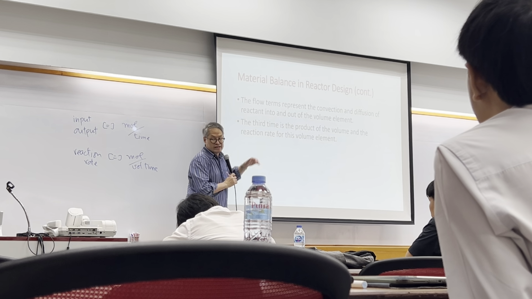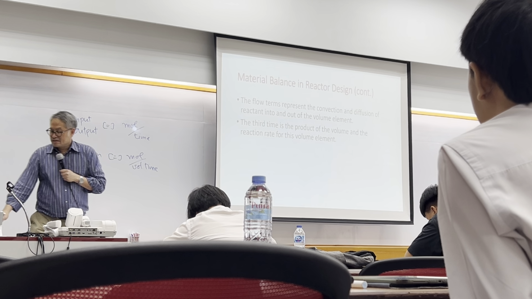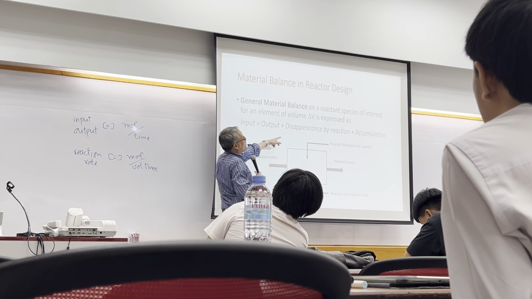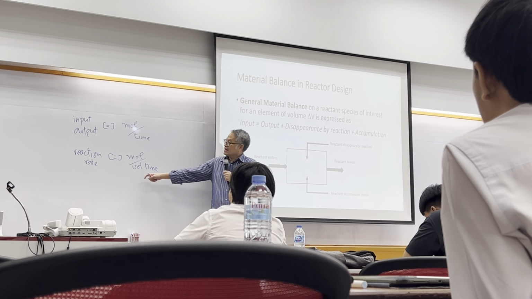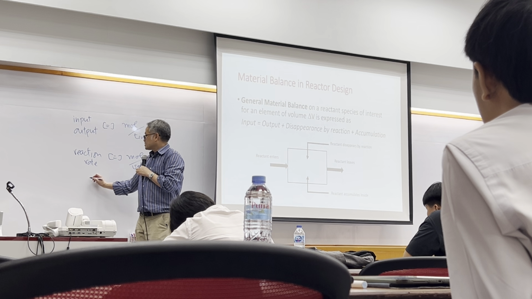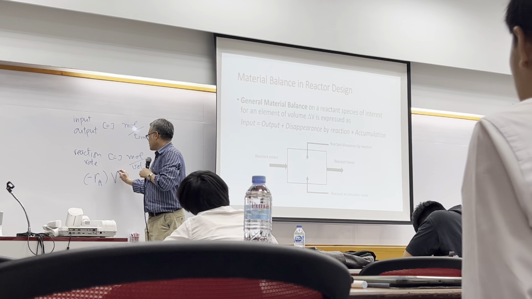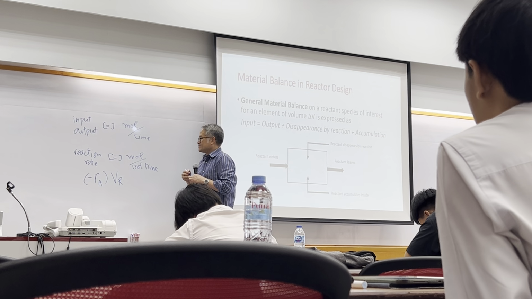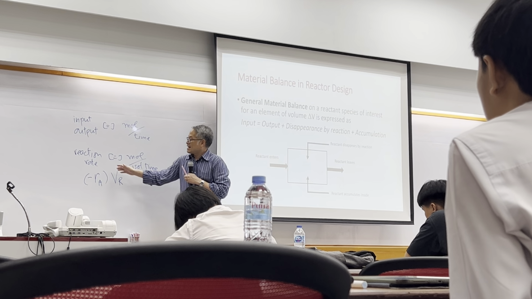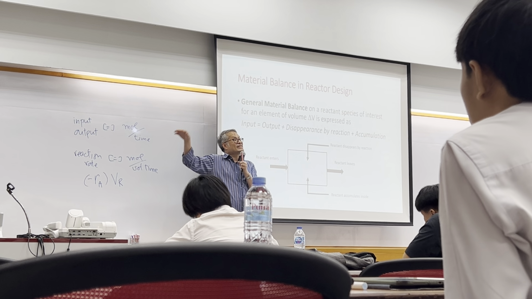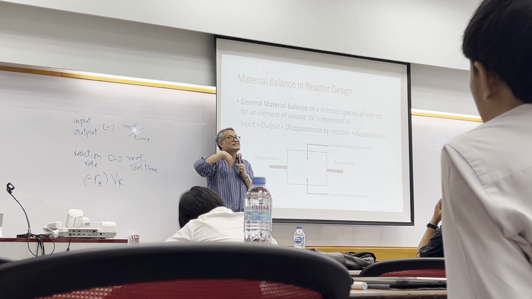So the third term, which is the disappearance by reaction, you need to multiply the rate of disappearance, which is minus RA, right, with the volume of reactor. Okay, this assumes you have perfect mixing, like everything inside the tank is the same, right?